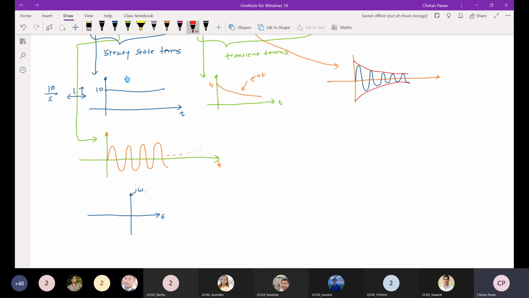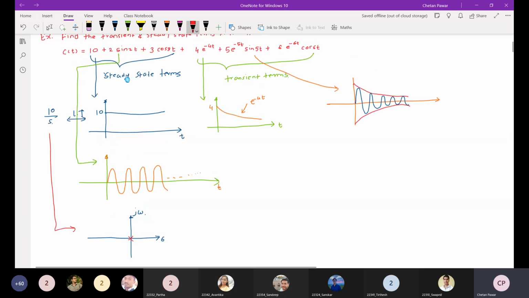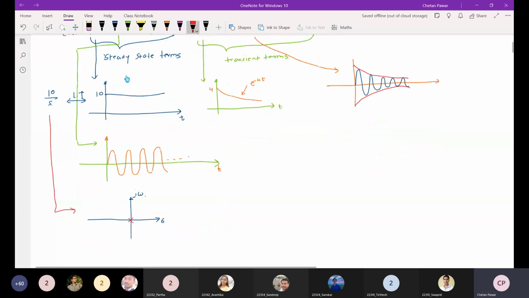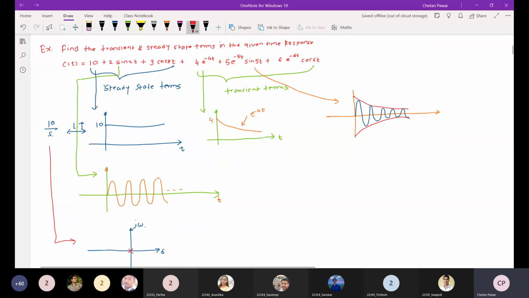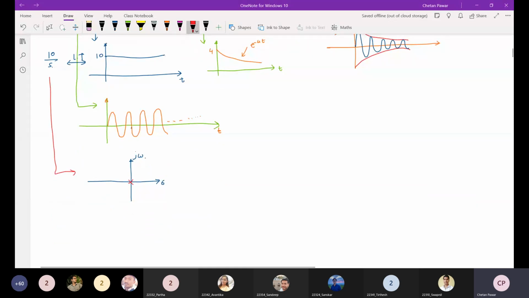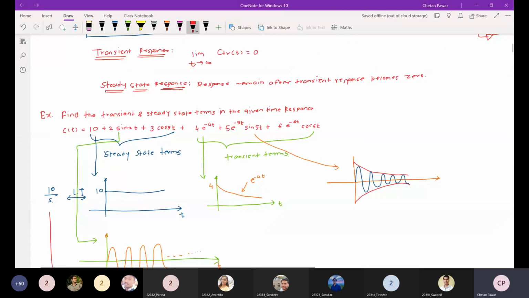No one is responding. Are you following? So this is the pole location for this particular signal. Now what is the Laplace transform of this? So what will be the pole location for this 2 sine 2t?